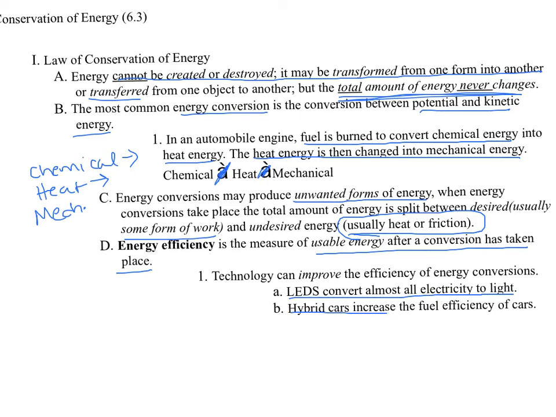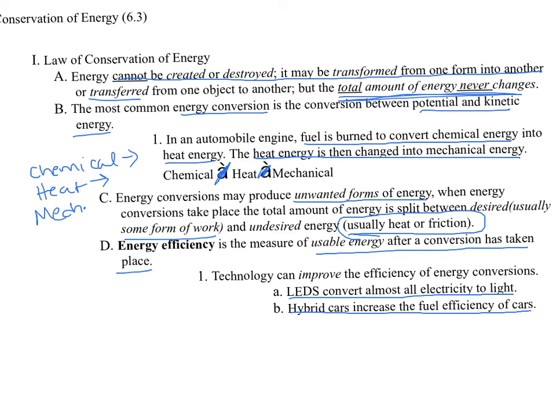Hybrid cars increase the fuel efficiency of the car, meaning that most of the energy goes into moving the car rather than being lost to heat or sound or friction.